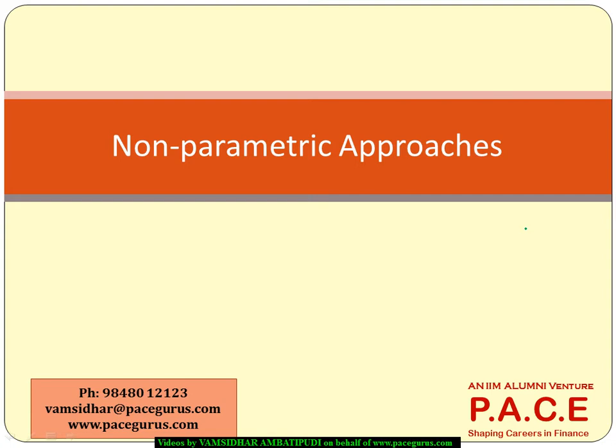In this session, let's use the non-parametric approaches to calculate the value at risk. As we have already discussed earlier, the non-parametric approaches do not require any assumption of a statistical distribution of the data.